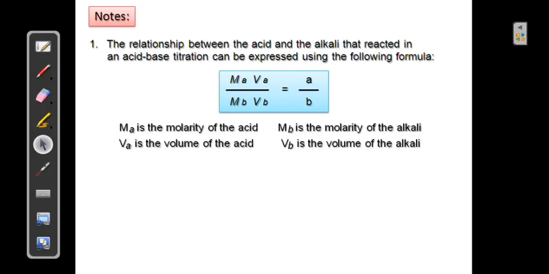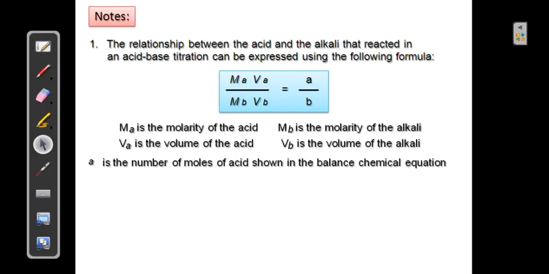A is the number of moles of the acid shown in a balanced chemical equation.